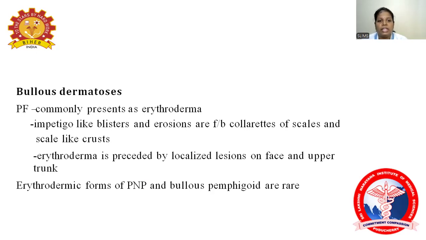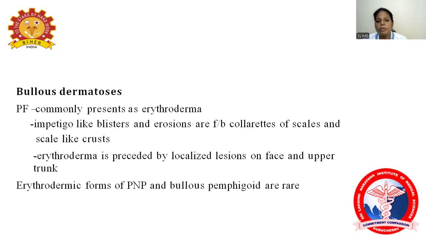Next will be bullous dermatosis, like pemphigus foliaceus, which commonly presents as erythroderma, with impetigo-like blisters and erosions. Initially, blisters will be there, which rupture and leave erosions, with formation of a collarette of scales and scale-like crusting. Erythema is preceded by localized lesions on the face and upper trunk.